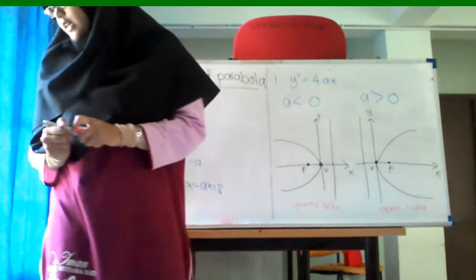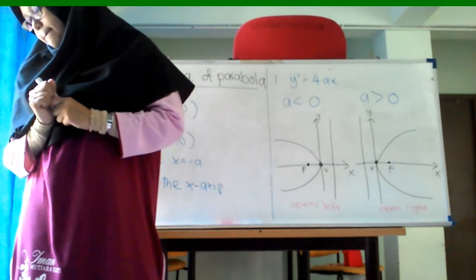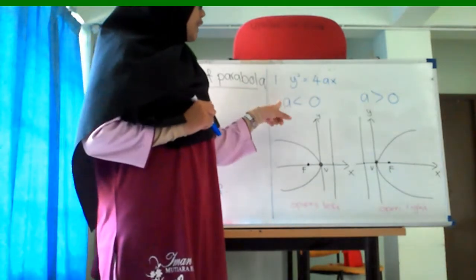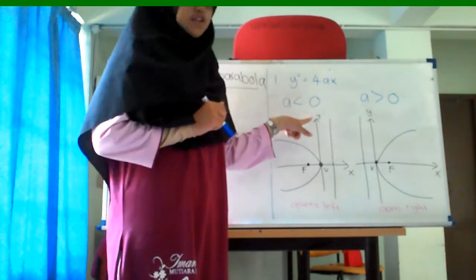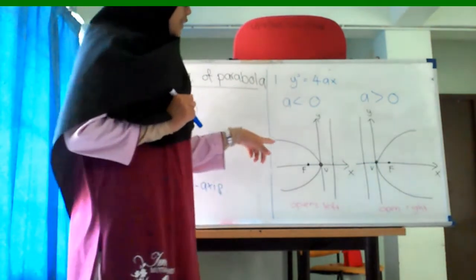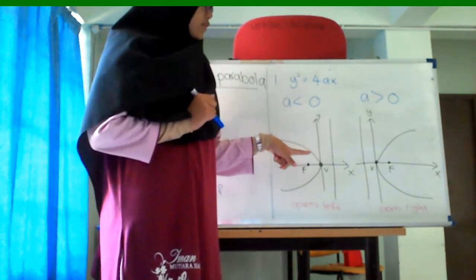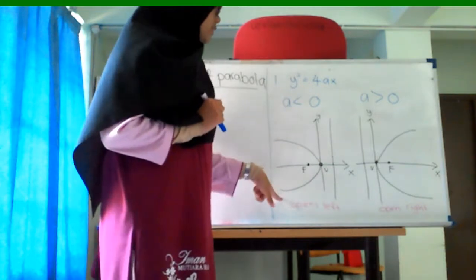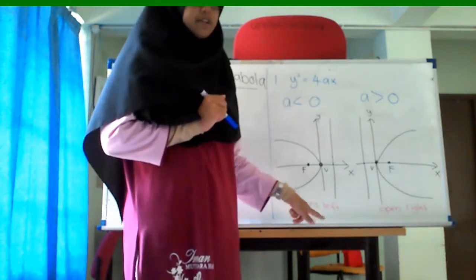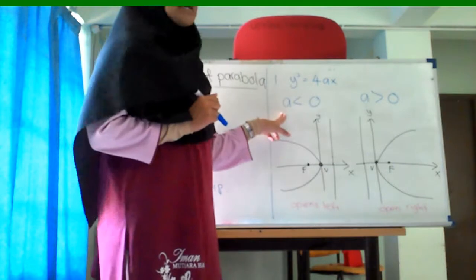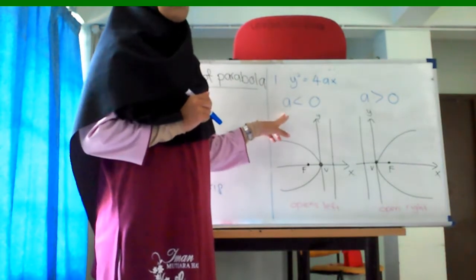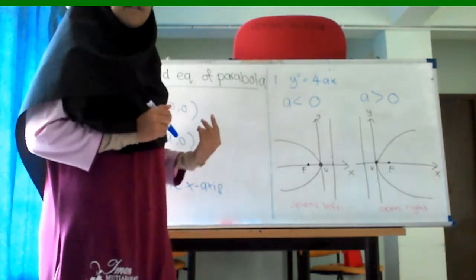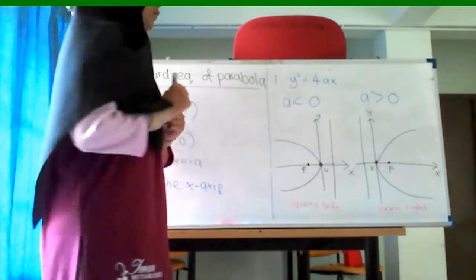This means when a is less than 0, the parabola opens left, which means a is a negative value.